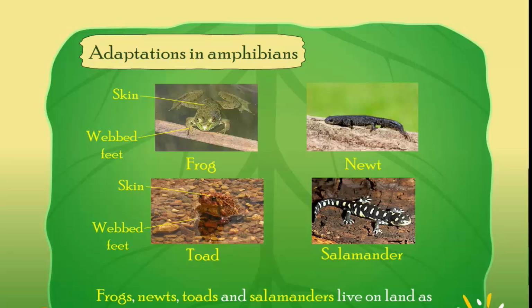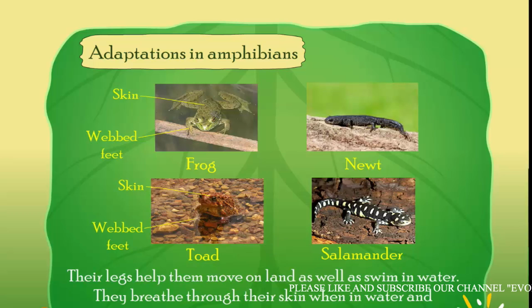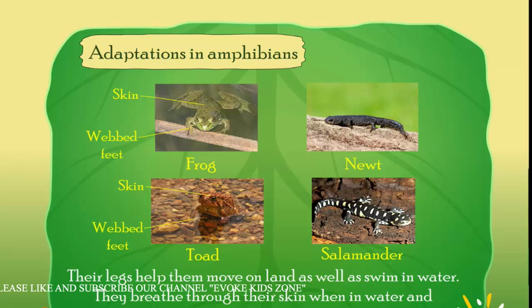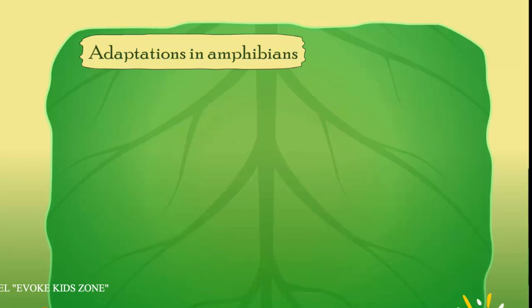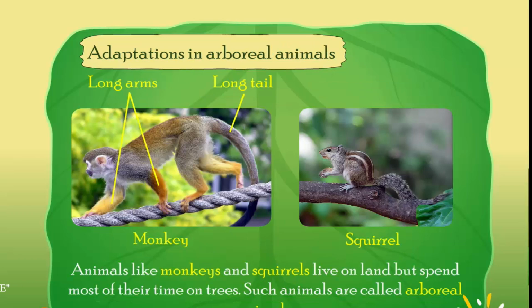Frogs, newts, toads and salamanders live on land as well as in water. Their legs help them move on land as well as swim in water. They breathe through their skin when in water and through the lungs when on land. Animals like monkeys and squirrels live on land but spend most of their time on trees.